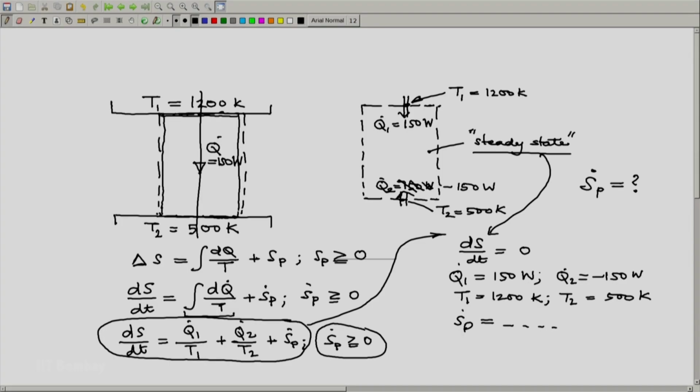And what is the cause of irreversibility? The cause of irreversibility is we have a temperature difference, a big finite temperature difference between T1 and T2, and heat is being transferred across that finite temperature difference. Another way of looking at this problem is not to look at just the system.